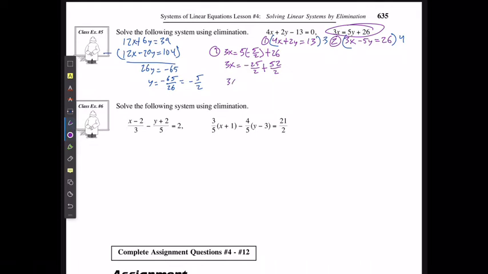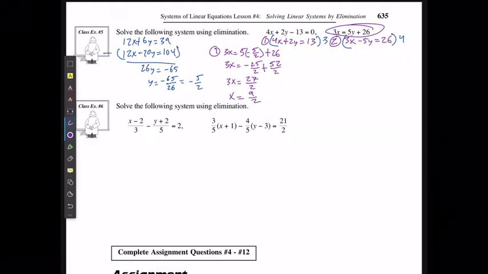So 3x is going to equal 27 over 2. And then divide both sides by 3. x is equal to 9 over 2.